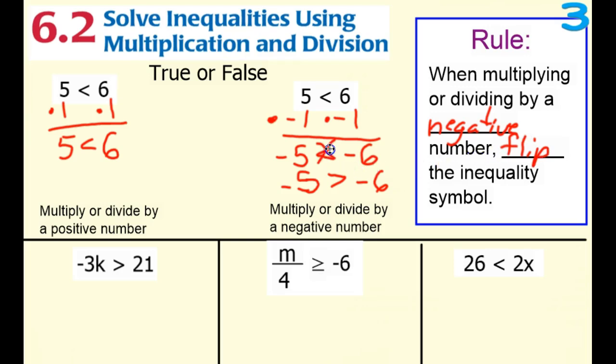So what I did here was I flipped the less than and made it into a greater than sign. Now this only works if we're multiplying or dividing. So if we're adding and subtracting, we don't flip it. It's only when we're multiplying and dividing.